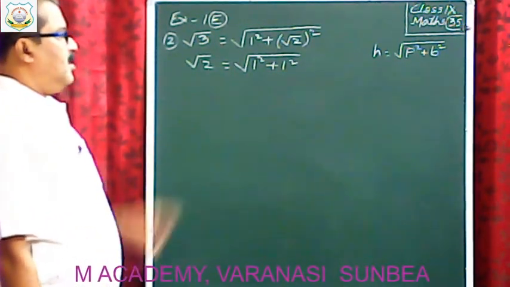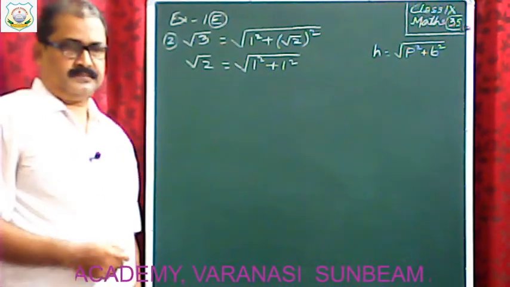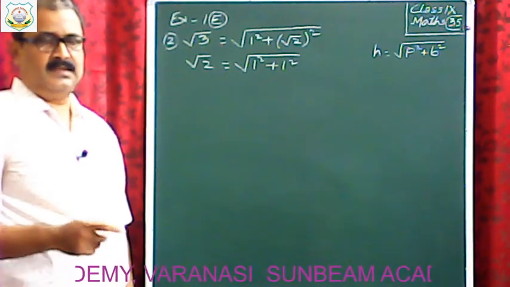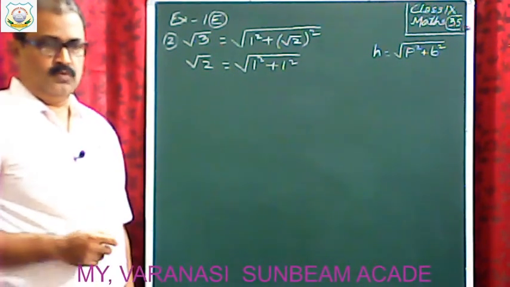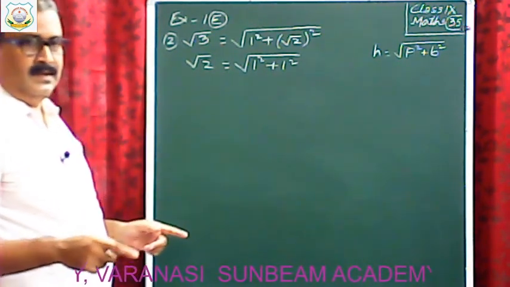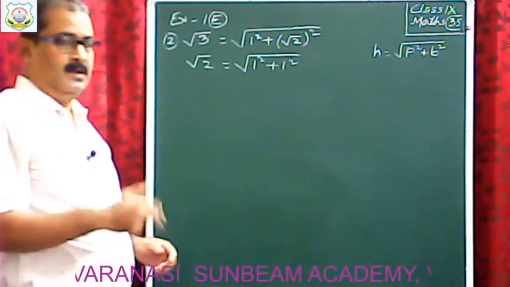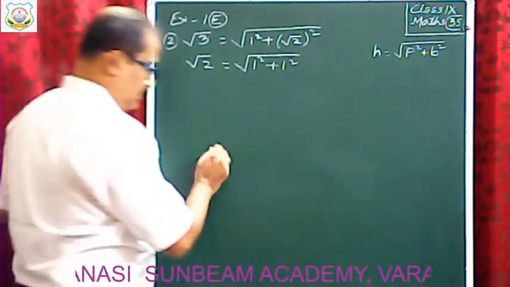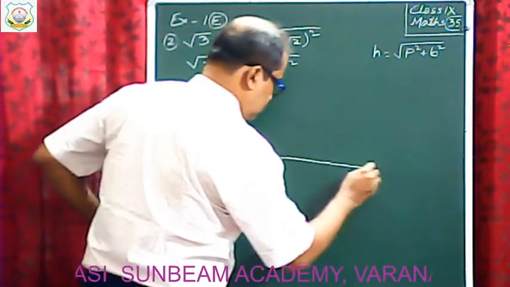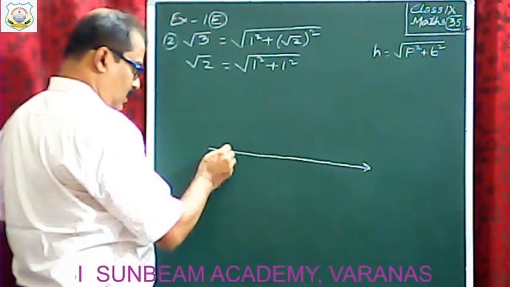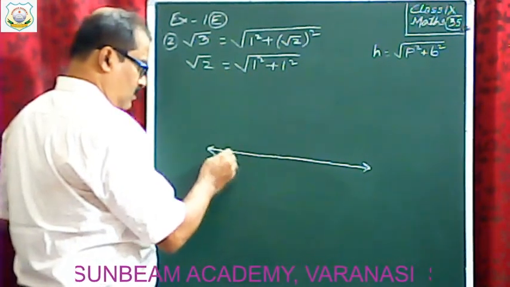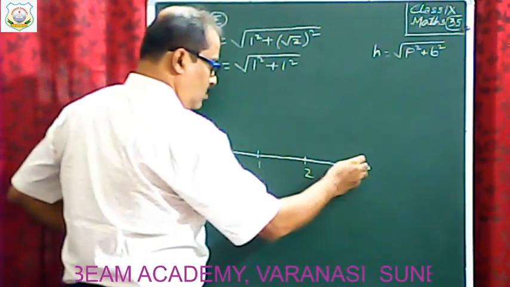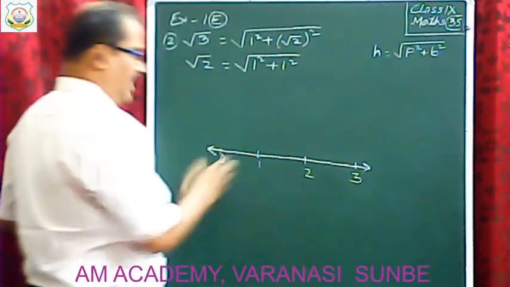Now the value of square root 3 is 1.7, which lies between 1 and 2. You have to draw a number line taking a minimum of 2 or 3 integers: 0, 1, 2, 3 with equal gapping.